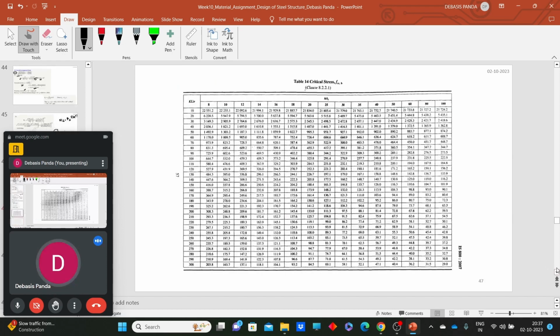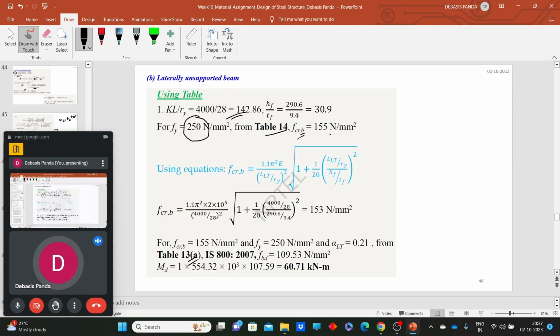Table 14 gives fcr,b with respect to lambda and with respect to h by tf value. So with respect to lambda and h by tf, you can easily get the value of fcr,b. Or, using the equation given in your code, you can calculate it.